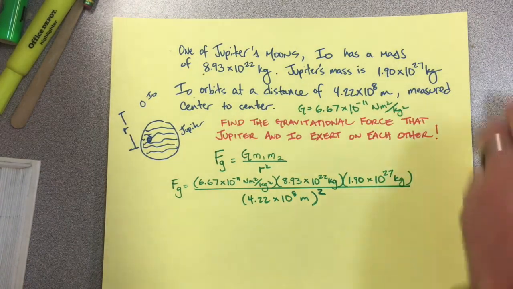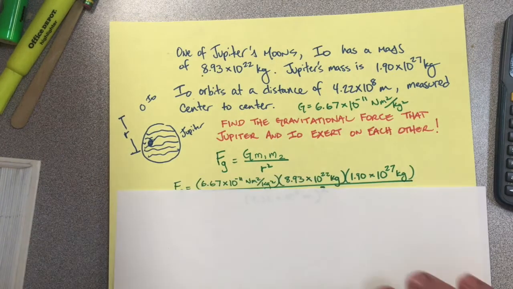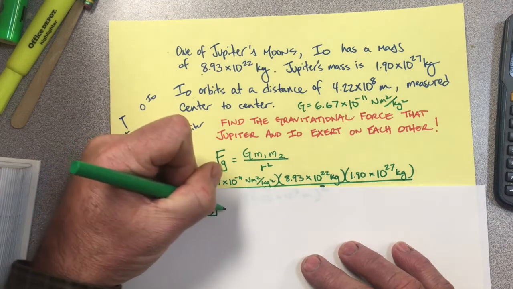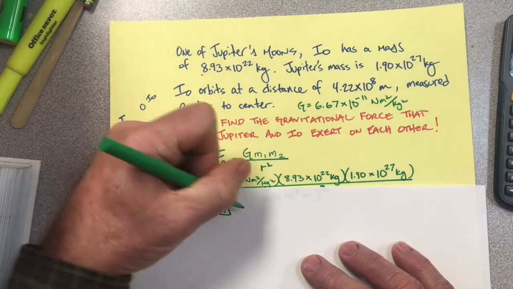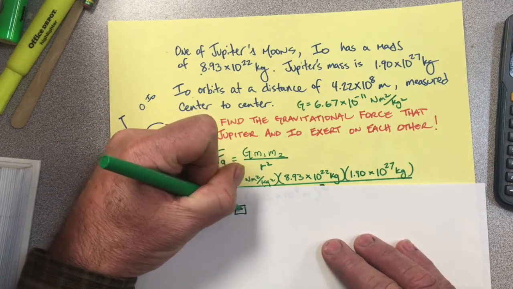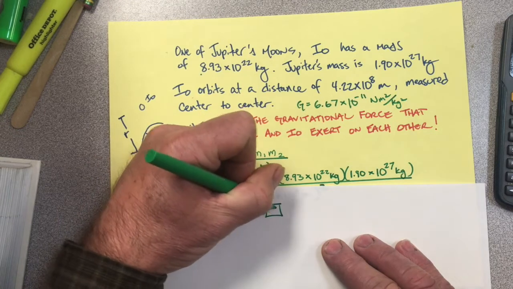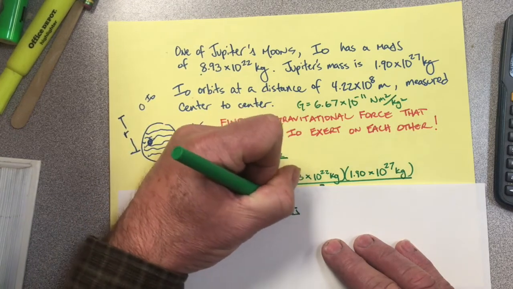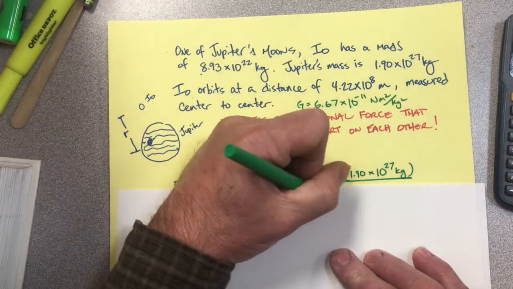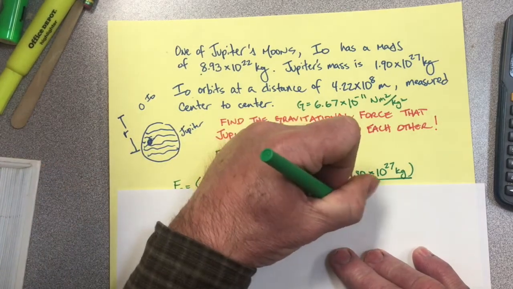And I think what some people would want to do is simply enter the following in their calculator. You're going to push 8, decimal point, 9, 3, and then kids want to put times, and then hit 1 and 0, and then hit the caret button and raise that to the 22nd power.